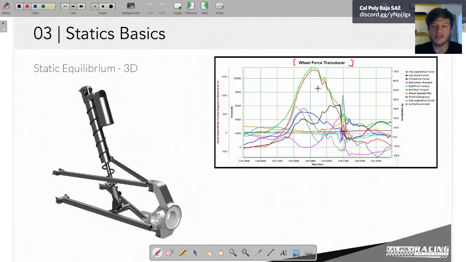But the testing that we did this year at Hollister is the first time that we've ever had access to all this data, to this wheel force transducer. So we were actually this year able to do a much better design of the front uprights, and really the whole front suspension, because we have some actual real life data from testing.